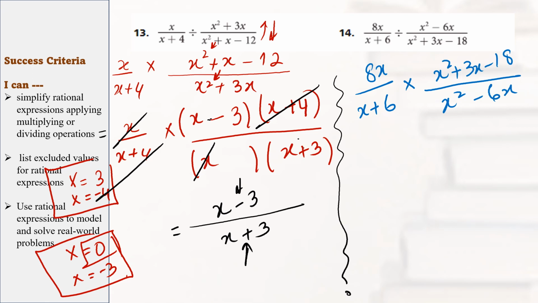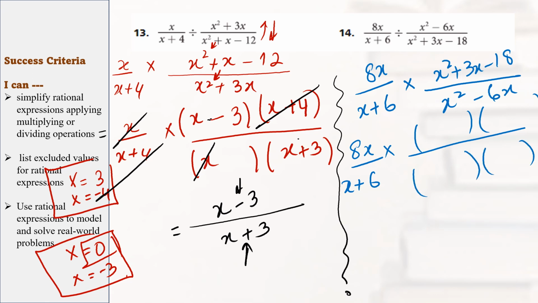Now since in the first rational expression, power is 1, write as it is. The second expression, factor the numerator and factor the denominator. Now for the numerator, in the calculator, we will write 1, 3 and -18. And the answer will be 3 and -6. So we write the x as it is.